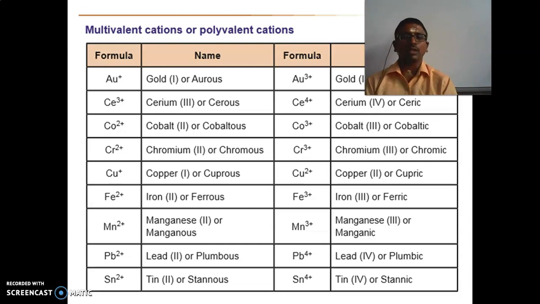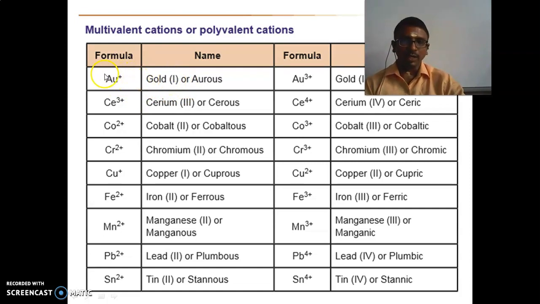For example, take the first compound, Au plus. Au indicates gold. Plus 1 indicates the valency, it will be 1.